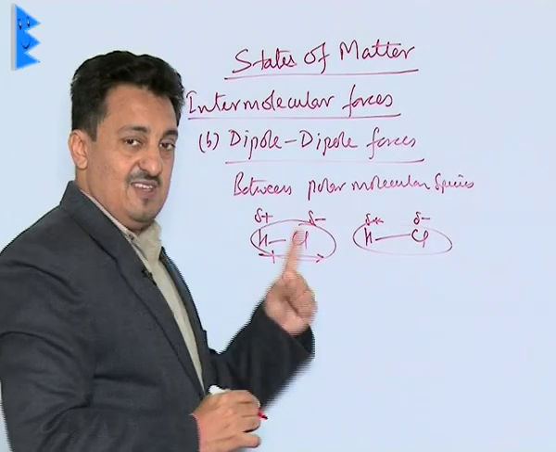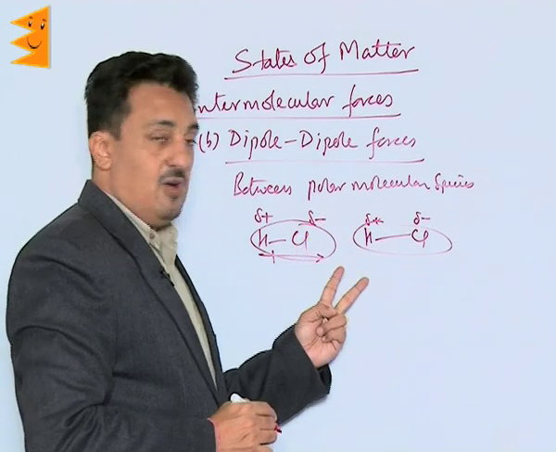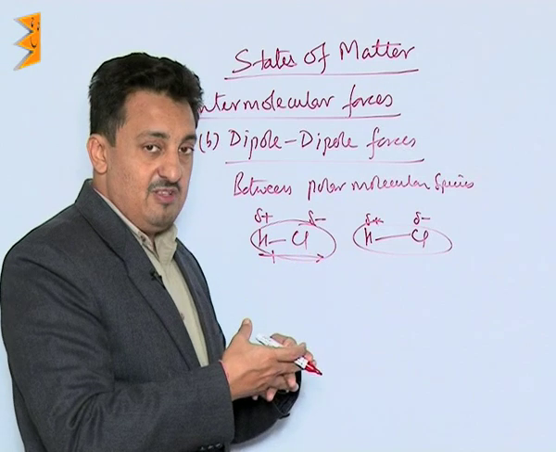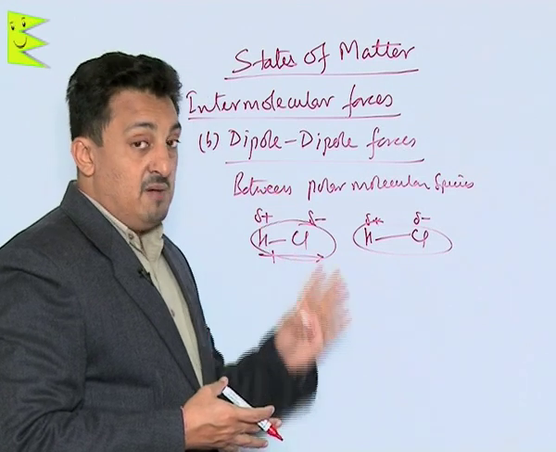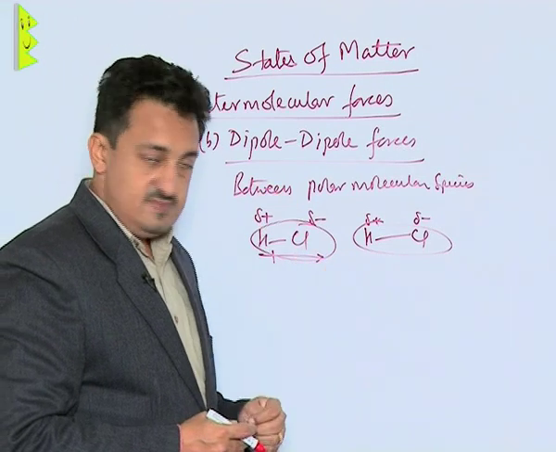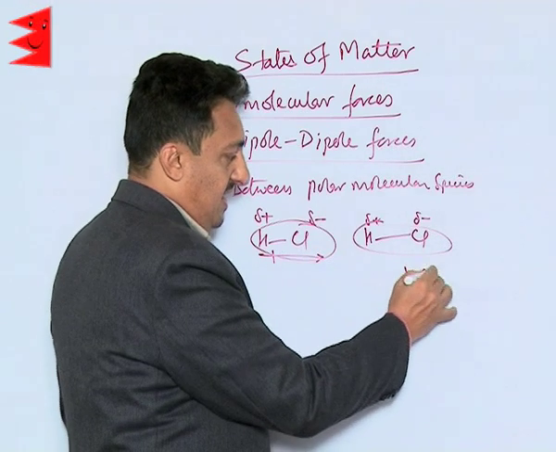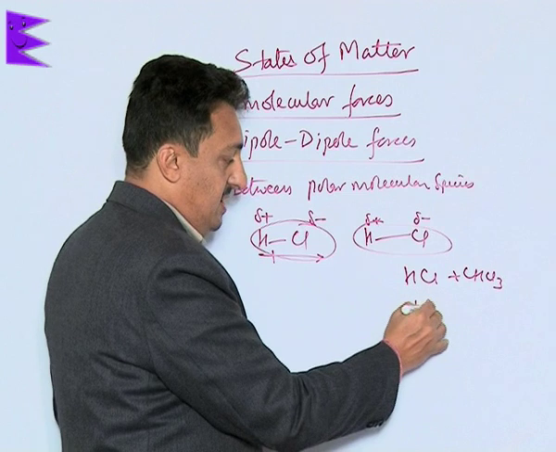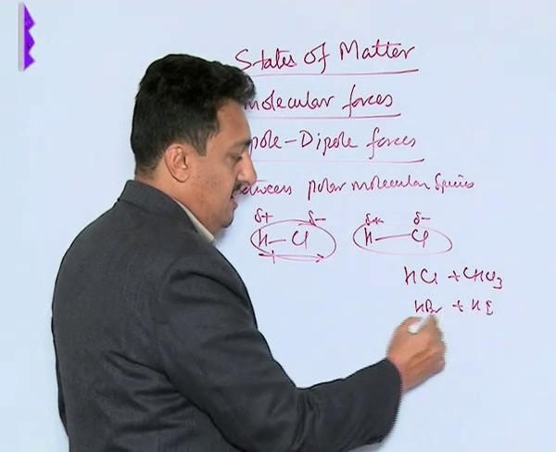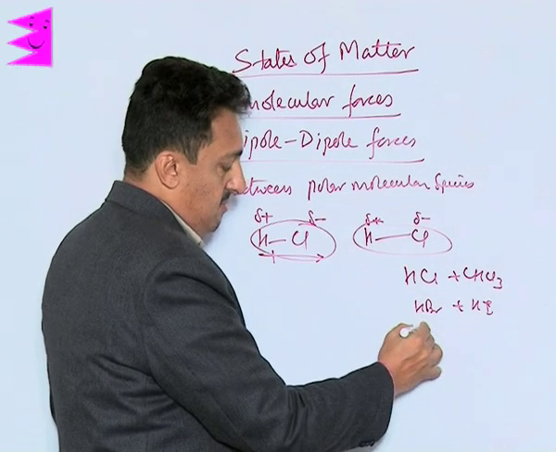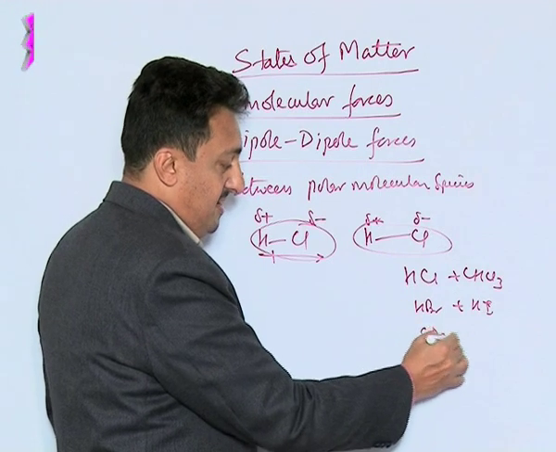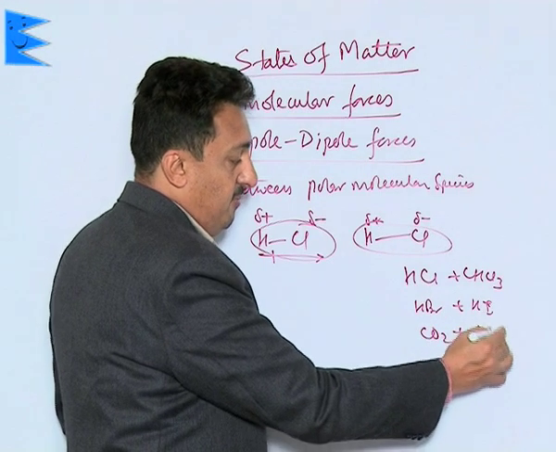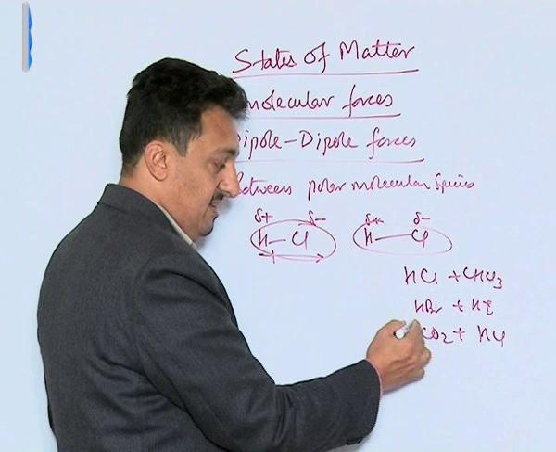So for this, the necessary condition is that both the engaging molecular species must have permanent dipoles in them. Like we can have HCl and chloroform, we can have HBr and HI, but we can't expect CO2 to have this kind of dipole-dipole interaction with HCl.